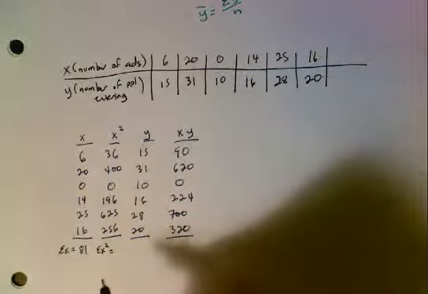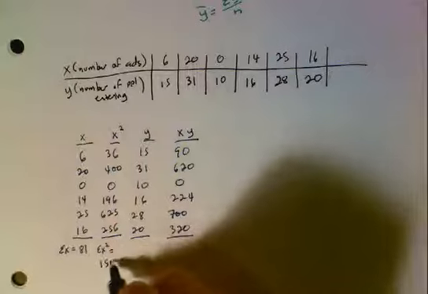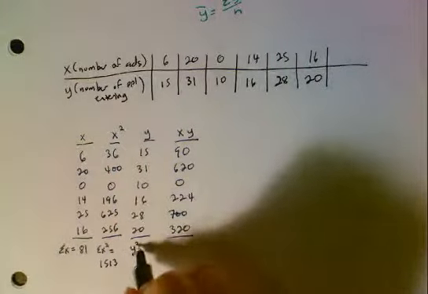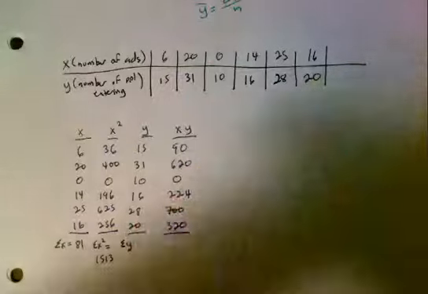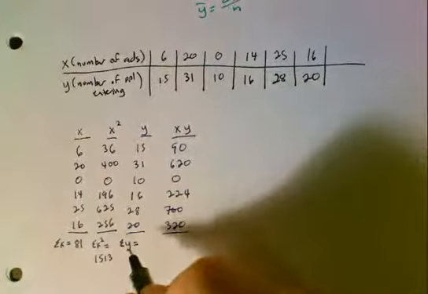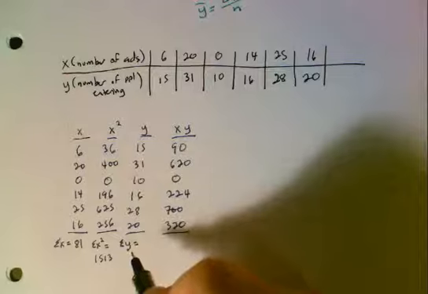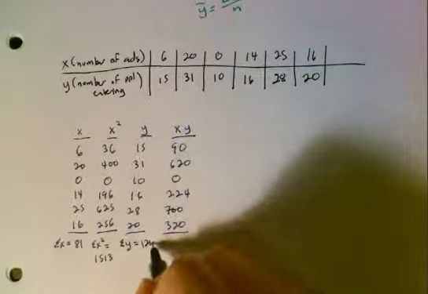Sum of x squared is 36 plus 400 plus 0 plus 196 plus 625 plus 256. Sum of y: 15 plus 31 plus 10 plus 16 plus 28 plus 20, 120.